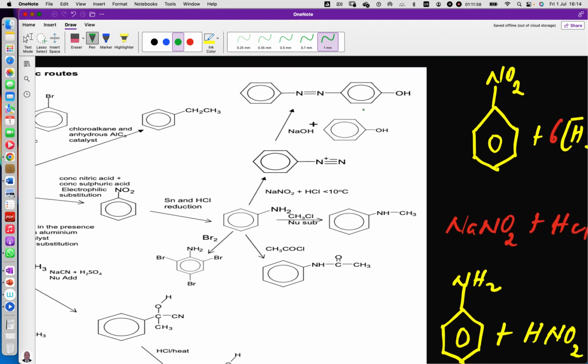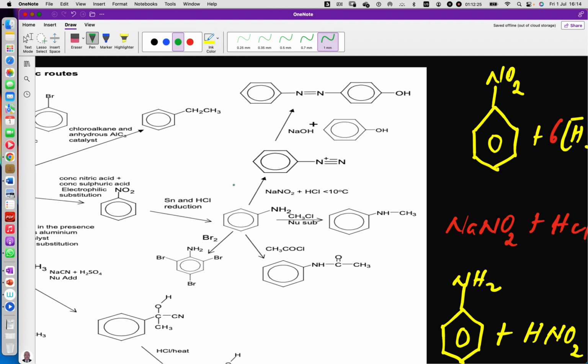So now we have done the formation of the azo dye here. So once more, when phenylamine reacts with bromine, the amine group is electron donating. It increases electron density at the 2nd, the 4th, and the 6th position.